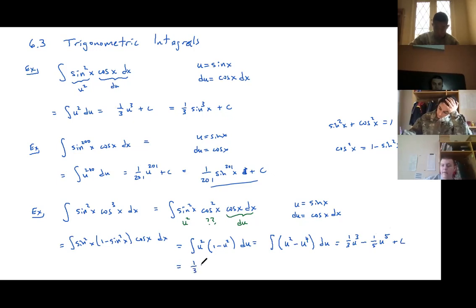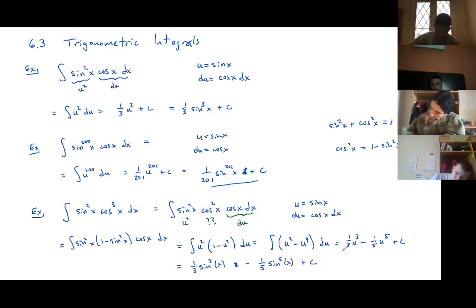I have 1/3 sine cubed of x minus 1/5 sine to the fifth of x plus C. Everyone track with that? You have questions about that?